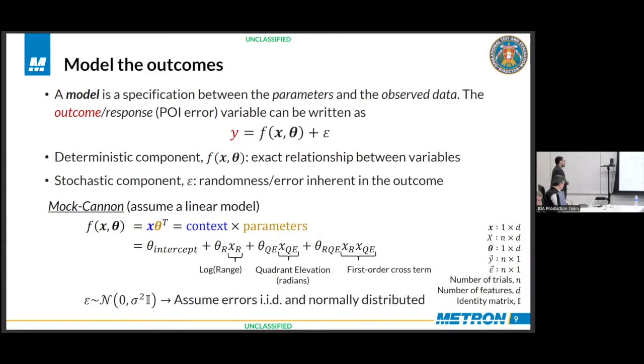Next, we need to assume some form of the stochastic component, the noise in your data. And so we'll assume that it's normally distributed with zero mean and a variance sigma squared times I, where this I is the identity matrix.